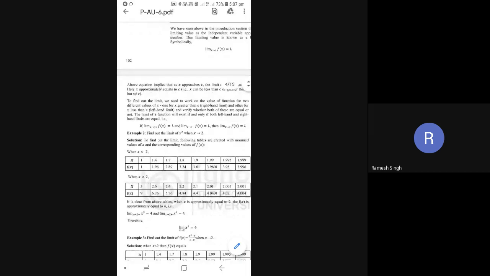Then if x is greater than 2, that means from a larger value approaching 2, taking from 3: if x is 3, f of x is 9. Similarly 2.6 squared will be 6.76. Similarly, it will reach 2.001, but not exactly 2.